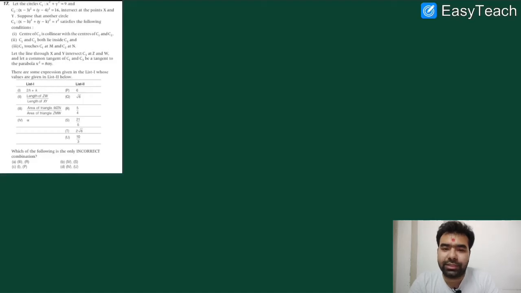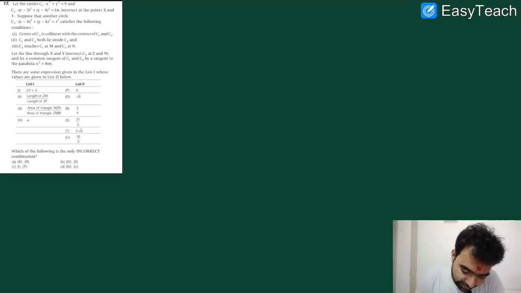Friends, the question is: let the circle C1, x square plus y square is equal to 9, and the second circle intersect at the points X and Y. Okay, so let us draw the circle.